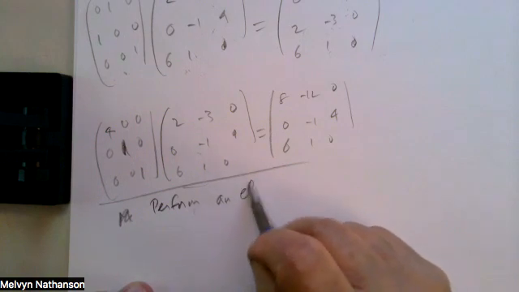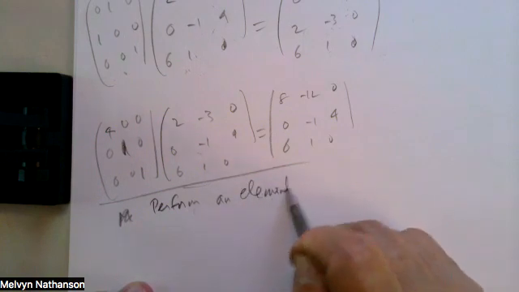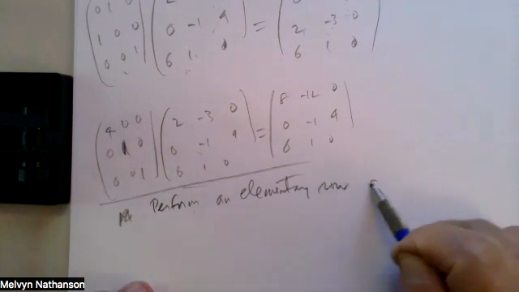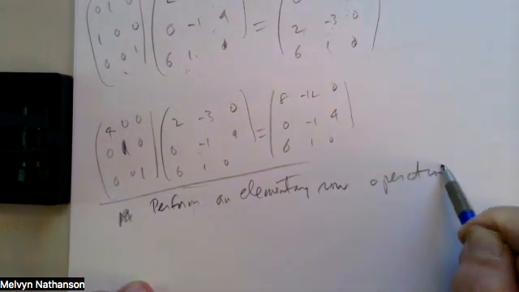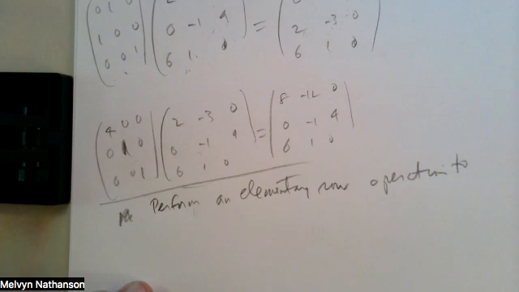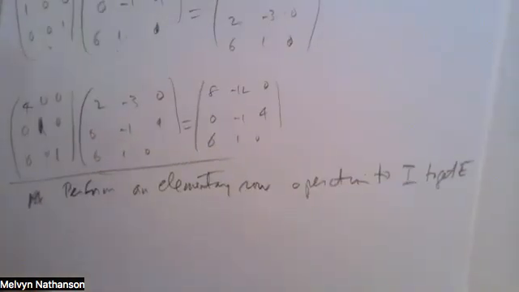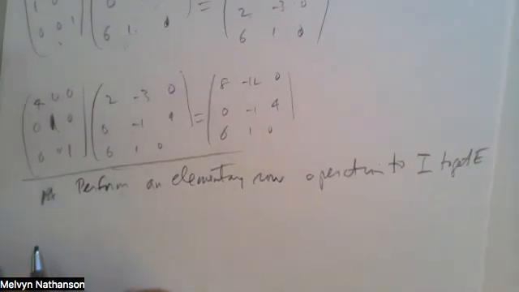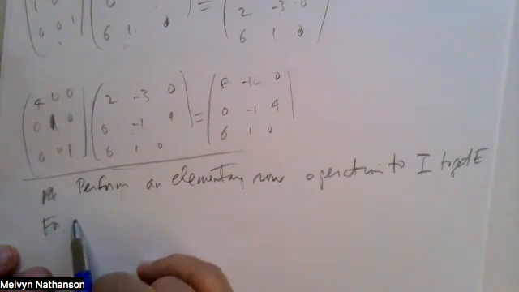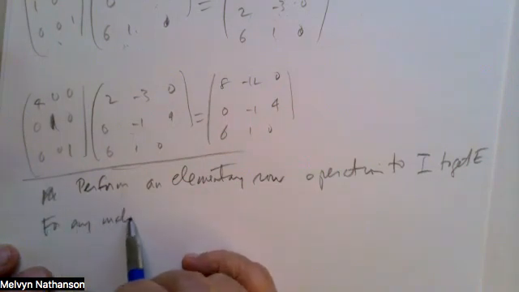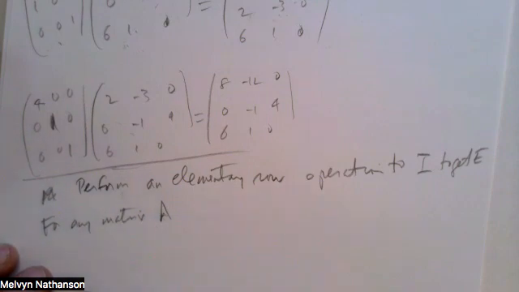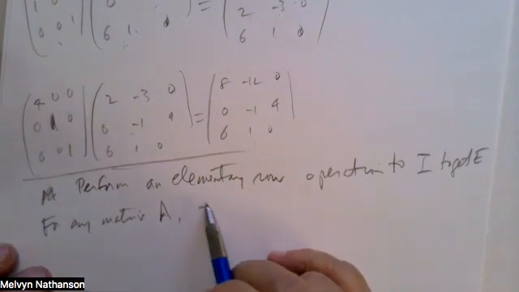Perform an elementary row operation to the identity to get a matrix, I'll call it E. For any matrix A, these are all n by n matrices.